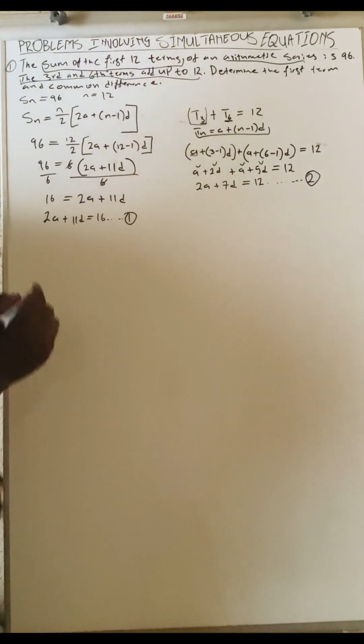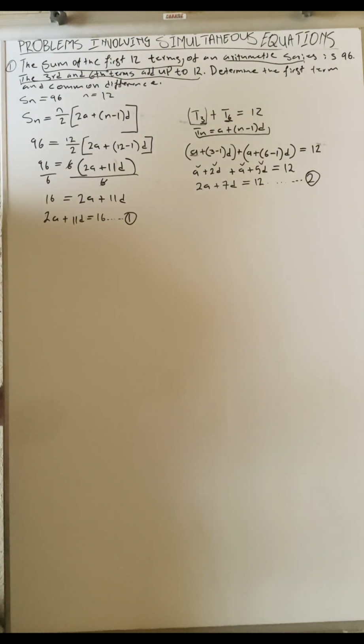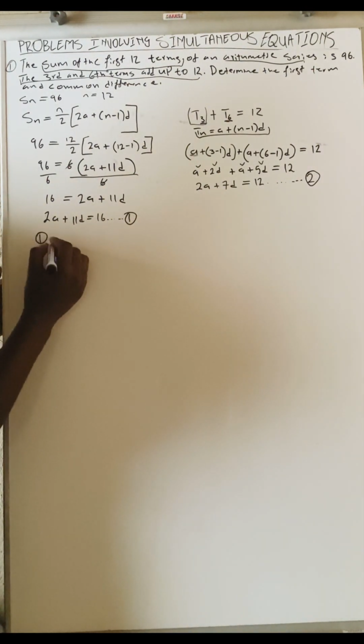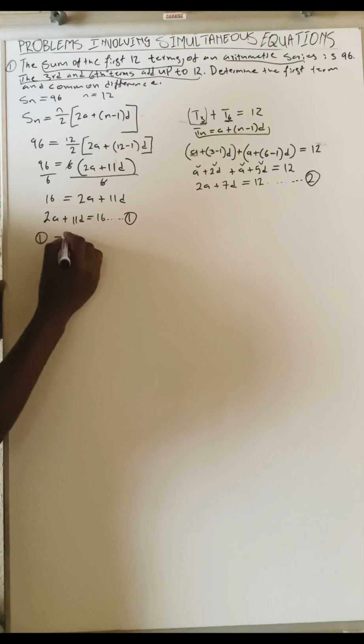Then from here, you can use elimination or substitution, any of the methods that you want to use. Let's use elimination. We say equation 1 minus equation 2.